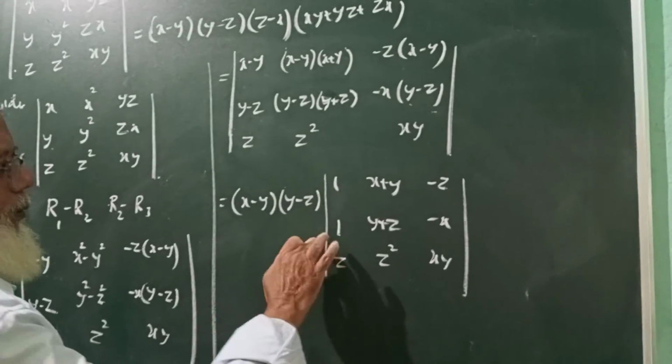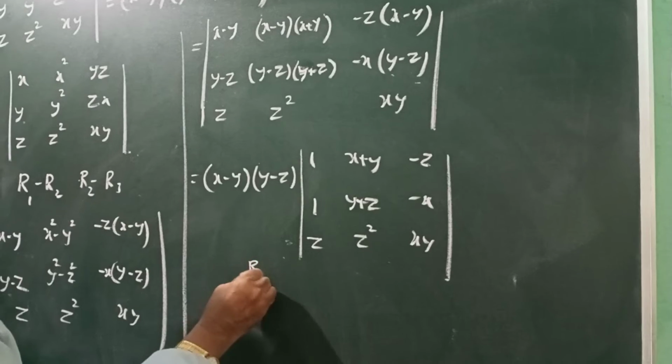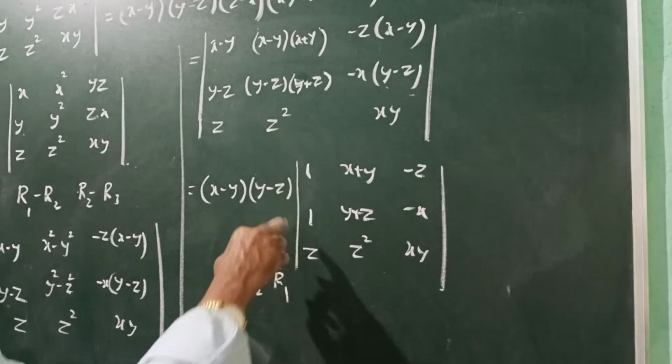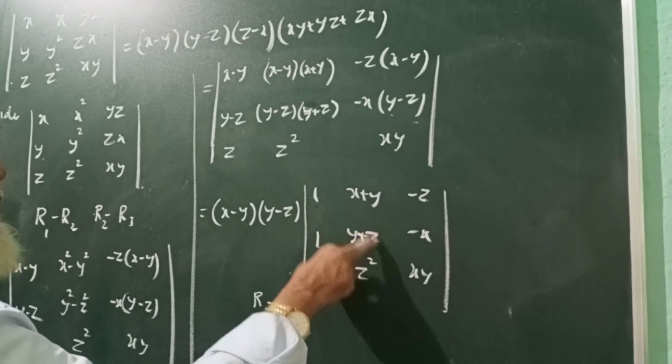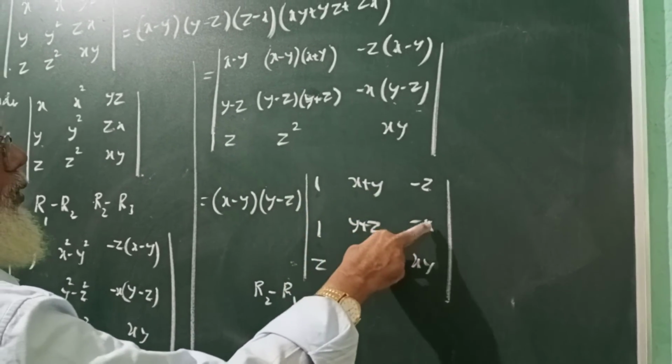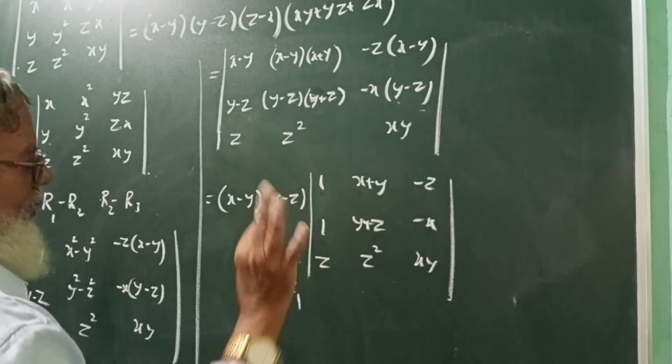From the second row subtract the first row. 1 minus 1 will be 0. Here y minus y get cancelled, z minus x. And here also minus x plus z means z minus x will be there.